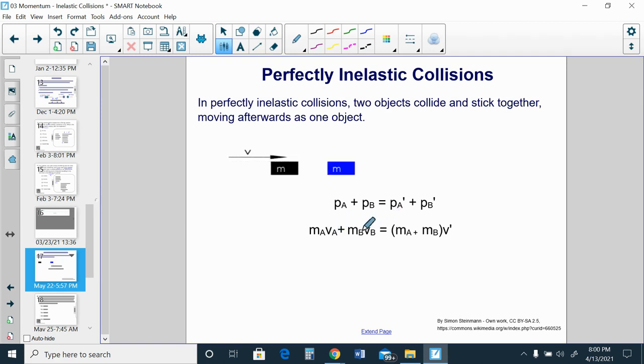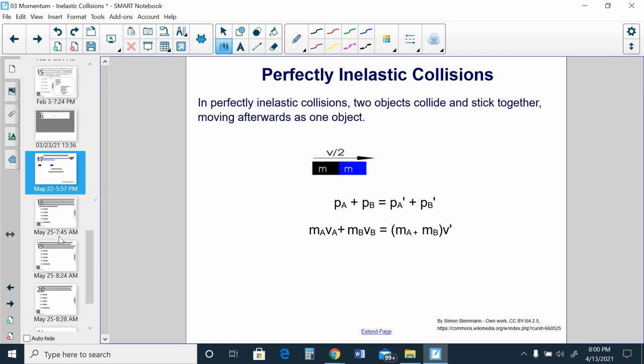And the sum of that is equal to MA plus MB here. Since both masses are now stuck together, you just find the sum, and they are moving together at a certain velocity, so multiplied by that velocity. This is the key equation that we use to solve problems for perfectly inelastic collisions, and it's just the opposite of the one for explosions.